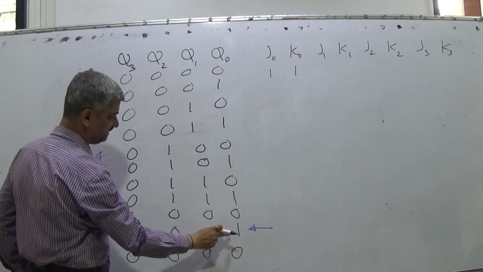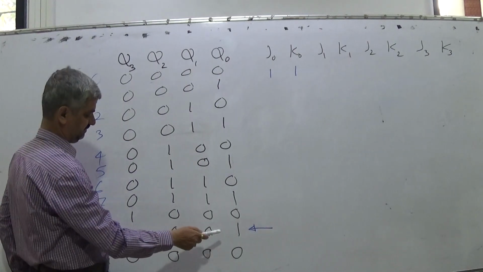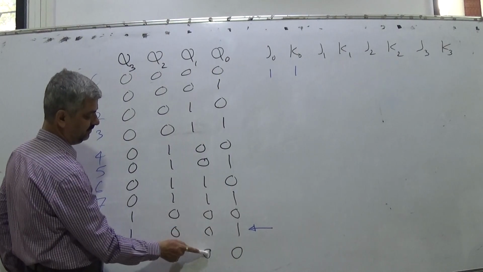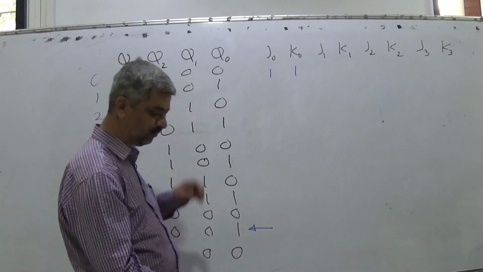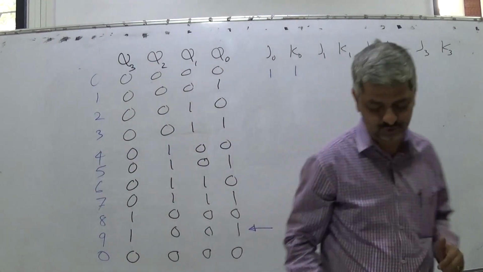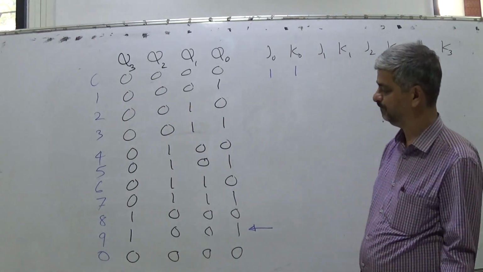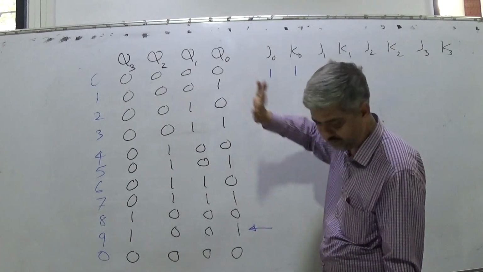But in this case, Q0 is 1 here, but Q1 continues. So when should it continue and when should it toggle?